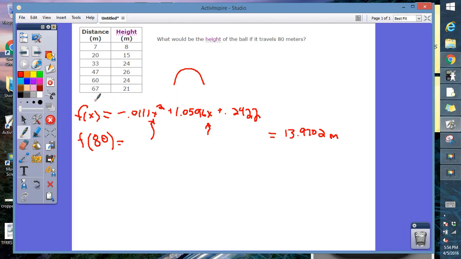Okay. Now, if you're trying to figure out in a different problem when it hits the ground, you're trying to figure out when the height is 0. So you plug in 0 for your y, and you're trying to figure out what x is. So you would use your quadratic formula to find your zeros.